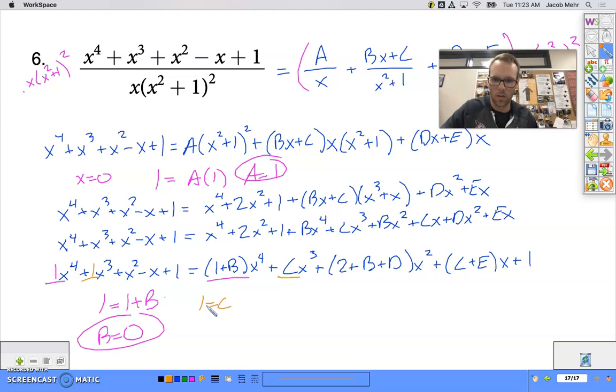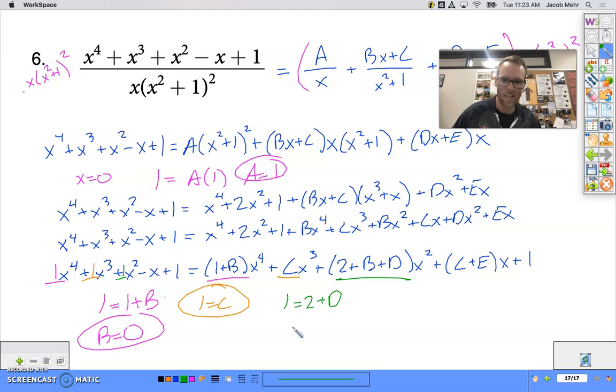So 1 equals c. All right, got that. This is moving along nicely. All right, x squareds. 1x squared. So 1 equals 2 plus b, but we know b is 0. So 1 equals 2 plus d. So d is negative 1.